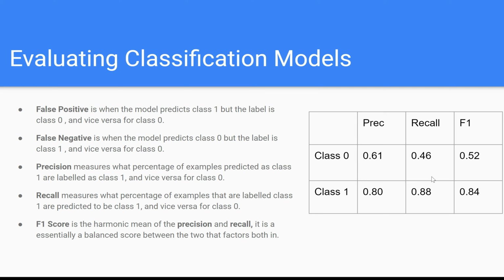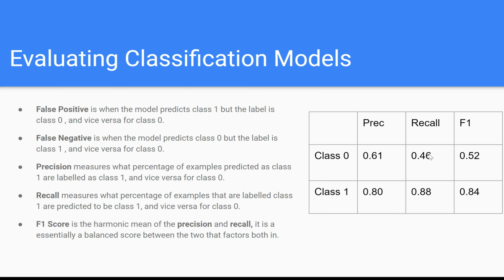If you look over here at this table, this was our classification report for precision, recall, and F1. These were the real metrics. You can see on class 0, we had 61% precision. That means that of all of the examples that we predicted to be class 0, only 61% of them were actually labeled as class 0.